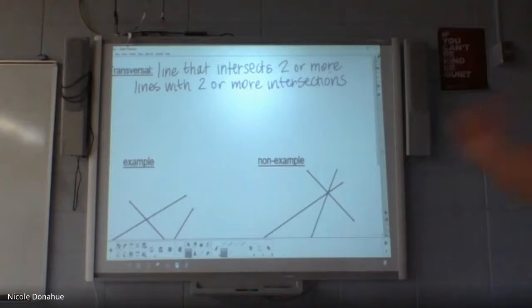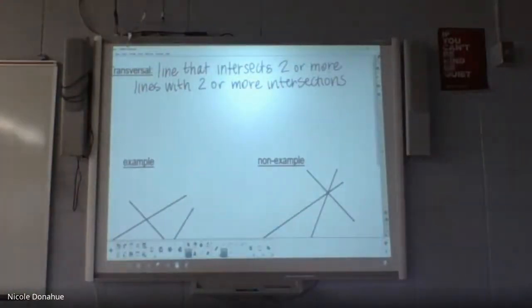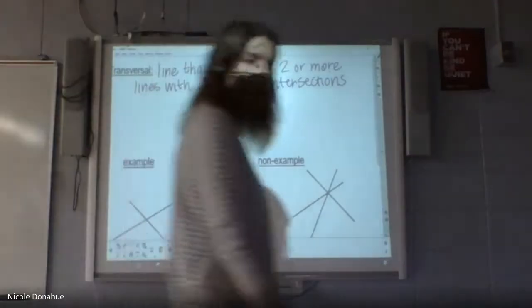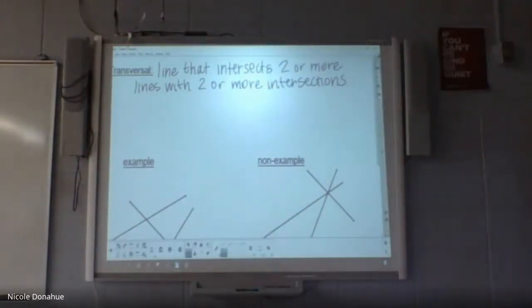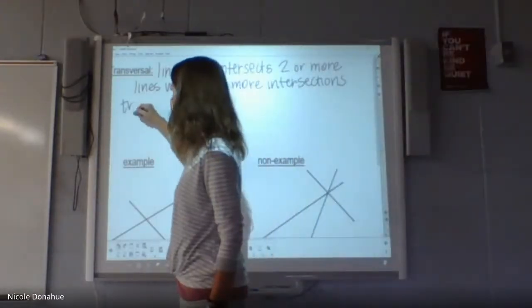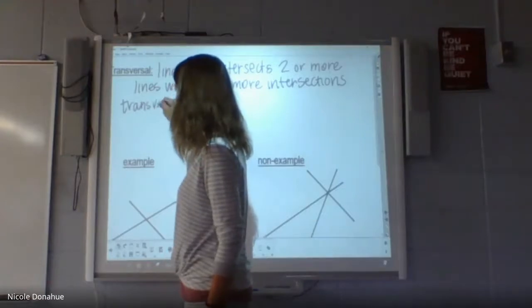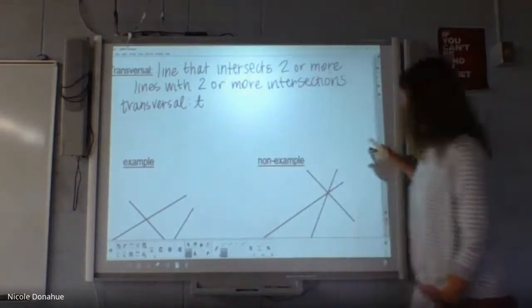I'll again show you guys an example and then a non-example. So we talked about that before. Our transversal, we're going to call that line T. You don't always have to call it that, but I'm just going to call it T in this case.